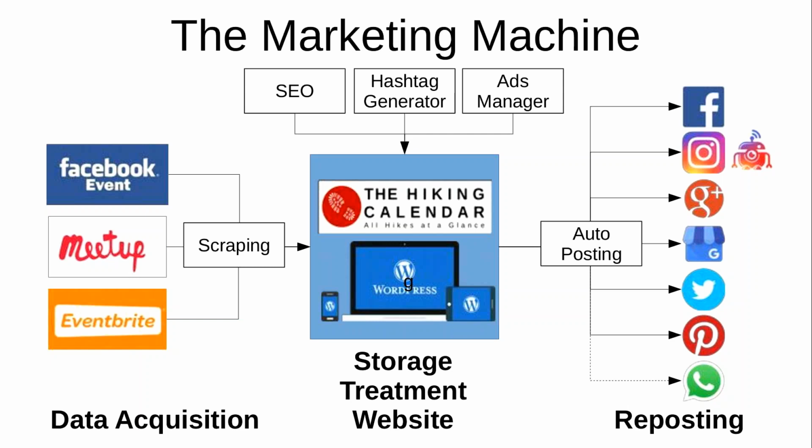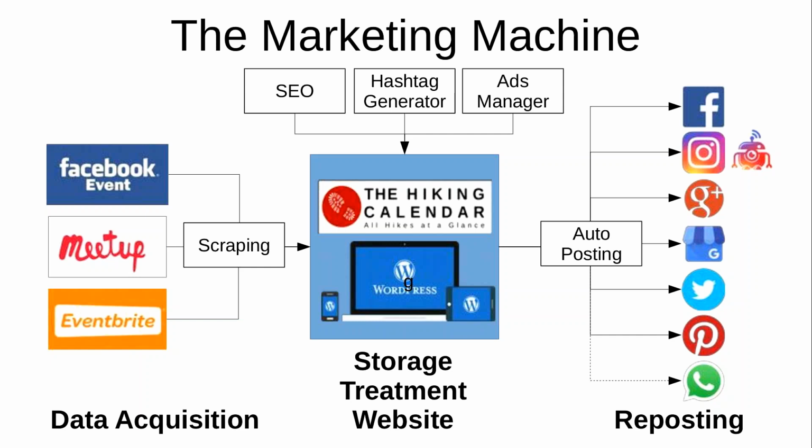In fact, it would generate WordPress tags, which will be later converted into social media hashtags. The third data treatment is an ad manager. We will insert ads inside the website, but we'll also be able to post ads on the social media.